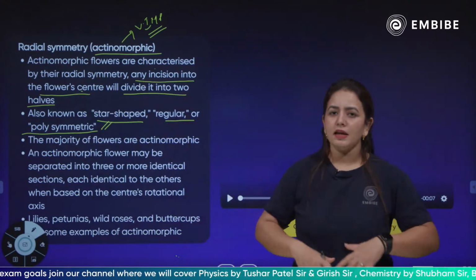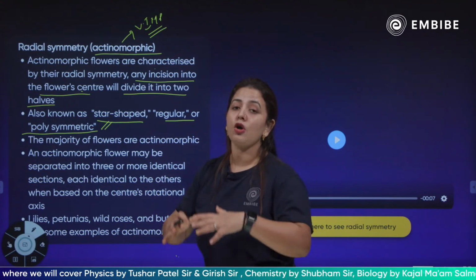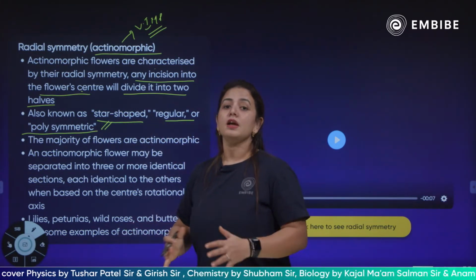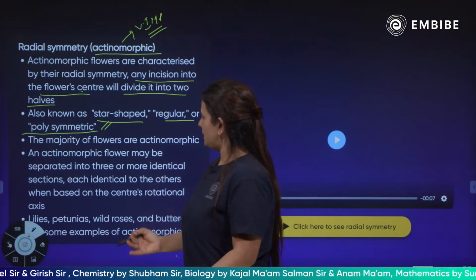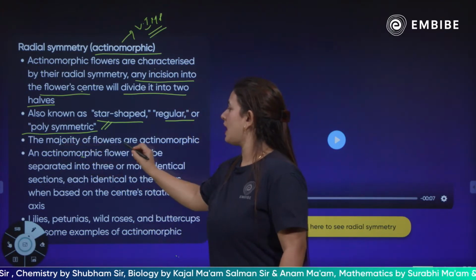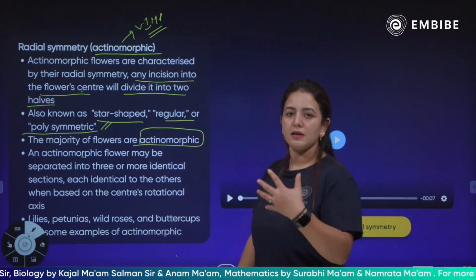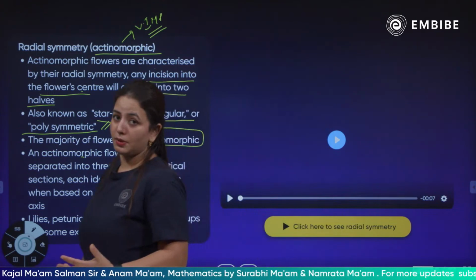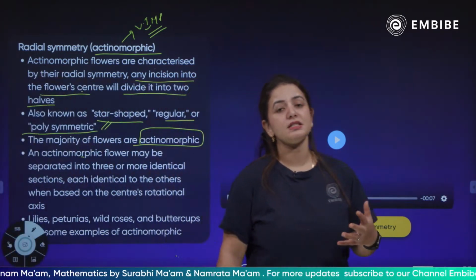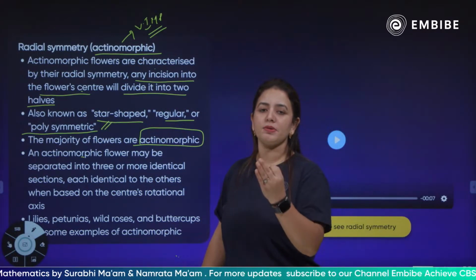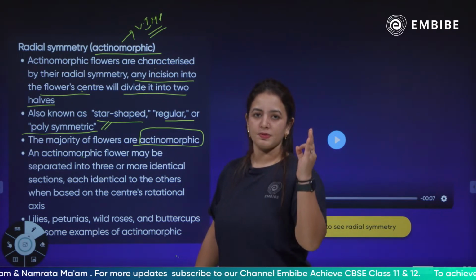If we talk about angiosperms, the flower bearing plants, the majority of the flowers are actinomorphic. Yes, there are many flowers in angiosperms that are actinomorphic. It means they possess radial symmetry and can be cut into two equal parts through any radial plane.